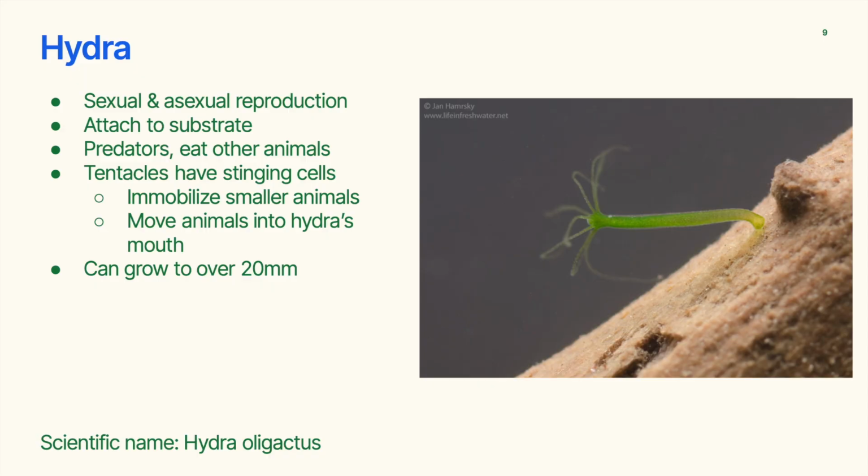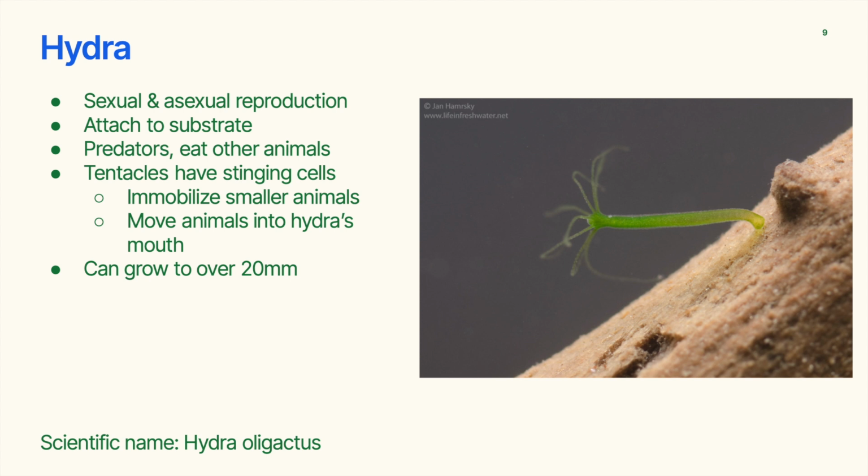There's the Hydra, which is also interesting. They can perform both sexual and asexual reproduction, which is fascinating. They attach themselves to a substrate, as shown in this picture, and they're predators. They only eat other animals. They have tentacles with stinging cells on them, and as something swims past, it stings and immobilizes the animal and moves it into its mouth, which is pretty interesting.